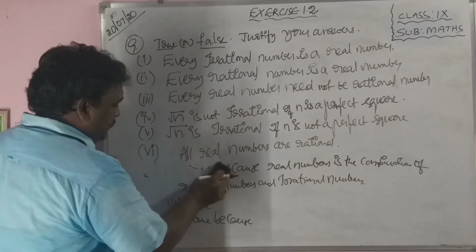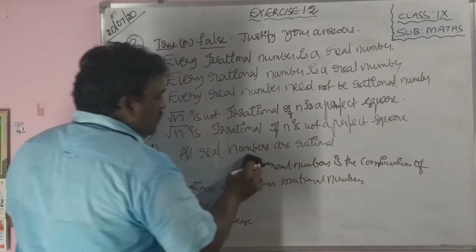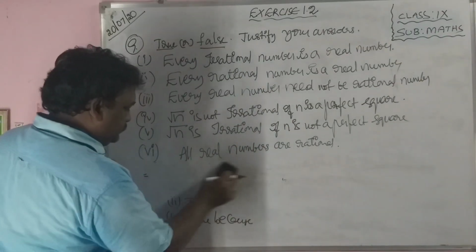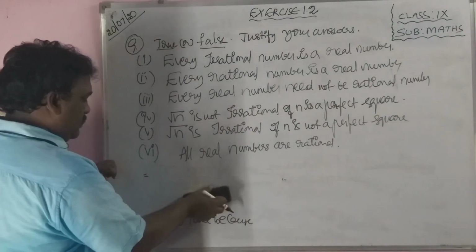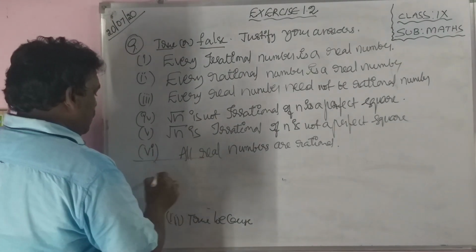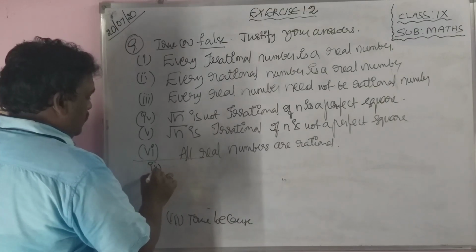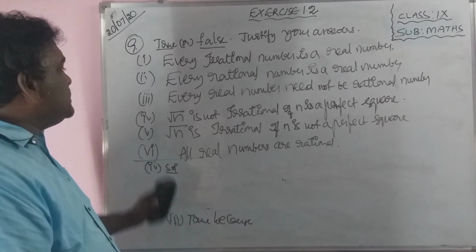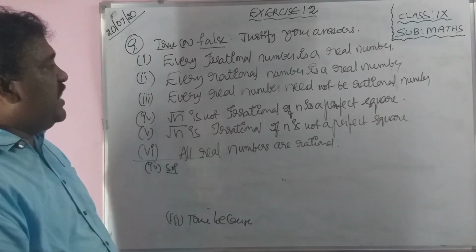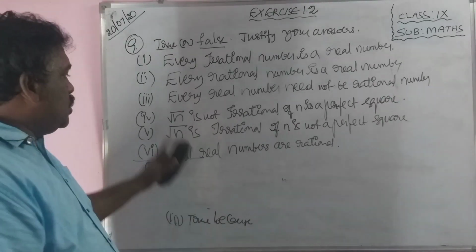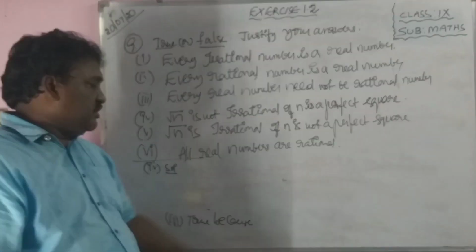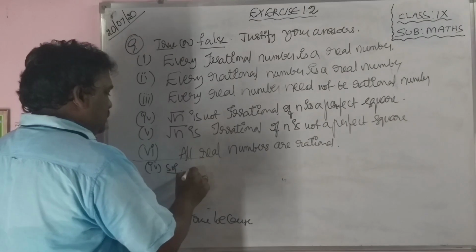Solution for the fourth one. What is the fourth one? Root n is not irrational if n is a perfect square. True or false? True.